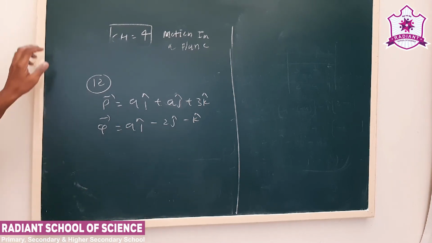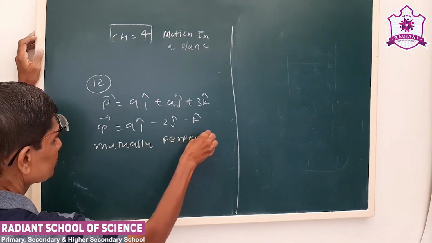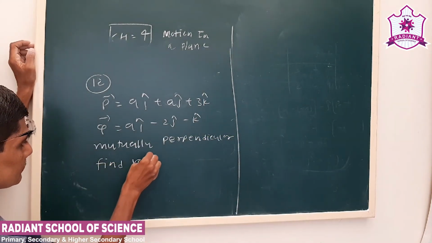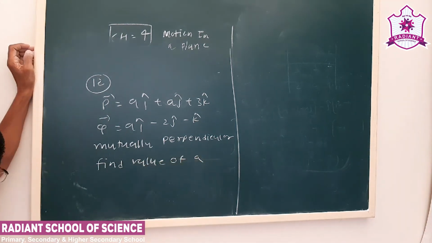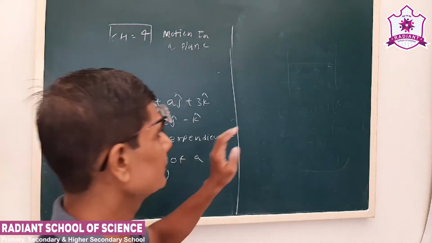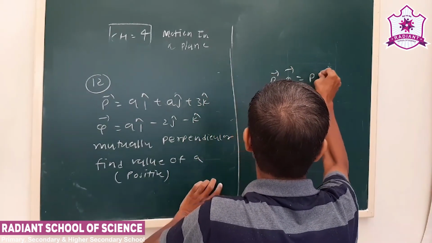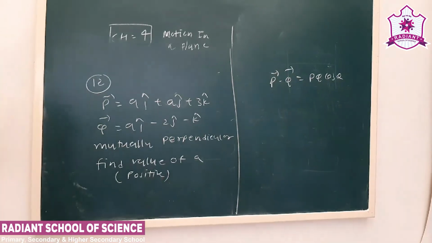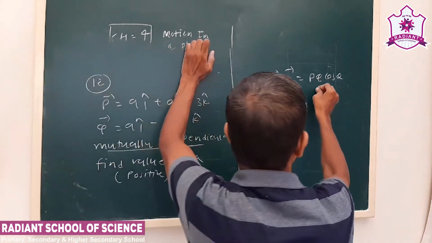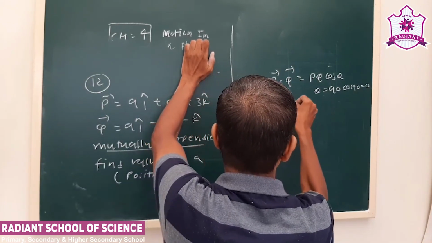Okay, they are mutually perpendicular. So find the value of A. Okay, we have to find out the positive value of A. Now see the scalar product. P dot Q is PQ cos theta. Now here the angle between the two vectors is given as 90, because the vectors are mutually perpendicular. So we get P dot Q is 0.